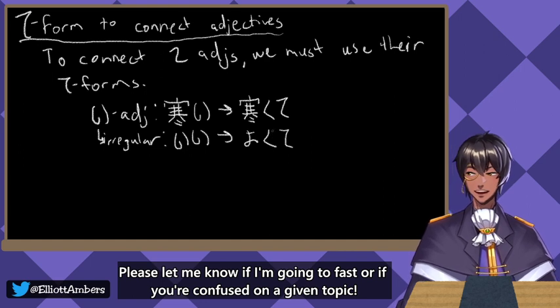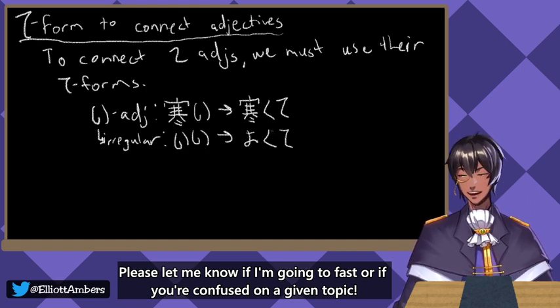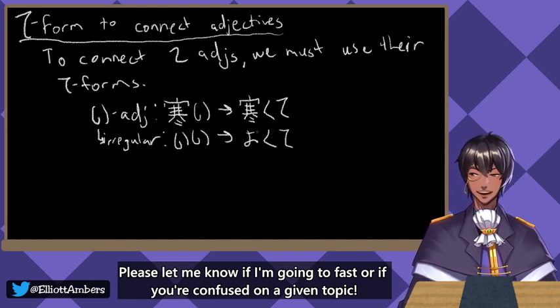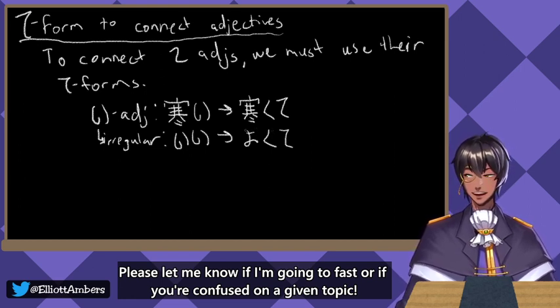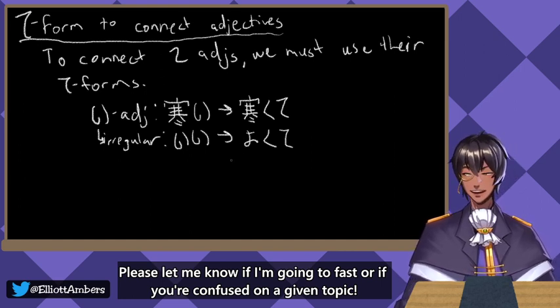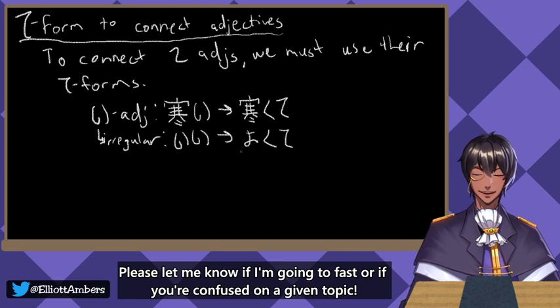Very simple. And same with words like kakkoi. Kakkoi would be kakkoyokute if we were to convert that into te form. And again, just like with the verbs, these are just rules. Once we see them in sentences, you'll see how they flow properly.